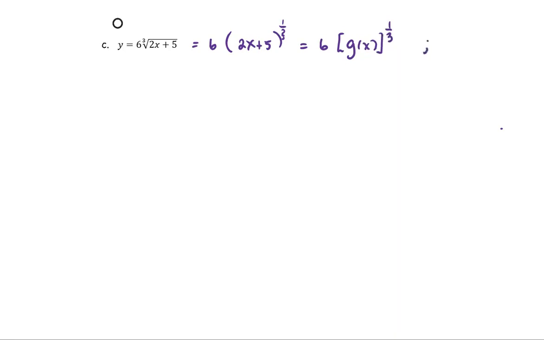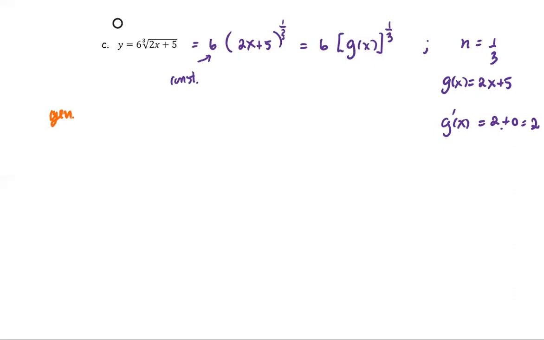We're going to put a note on the side here. n is 1 over 3. g(x) is the quantity 2x plus 5. The value 6 is just the constant multiple, nothing we can do to it. For the general power rule, we're going to need g prime. The g prime in this case is 2 plus 0, or just 2.